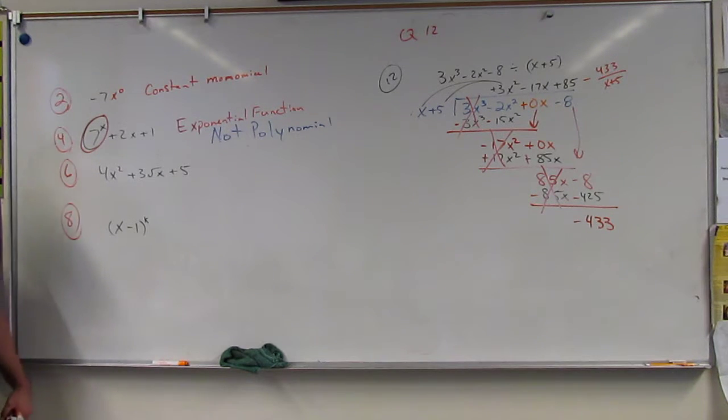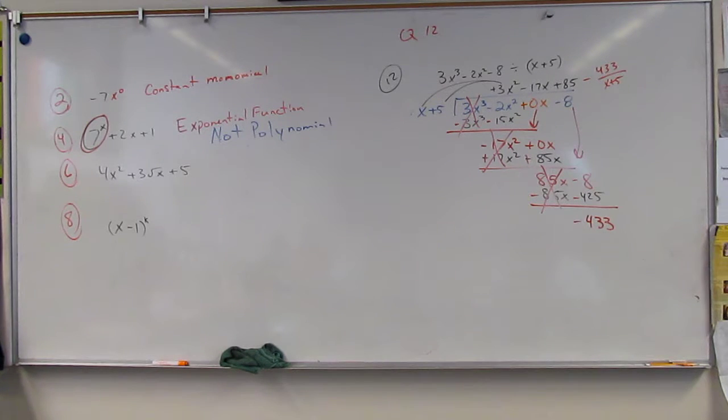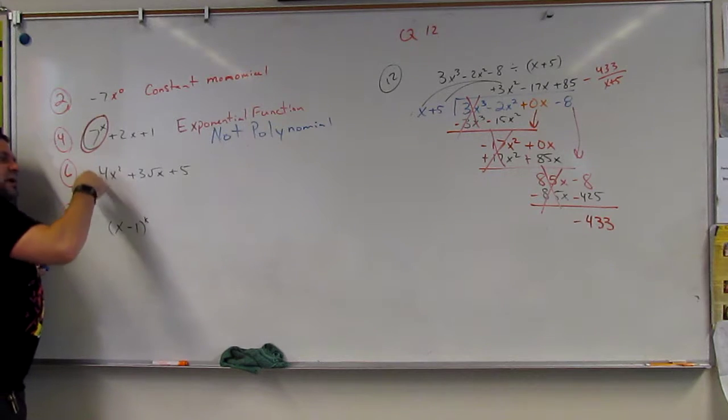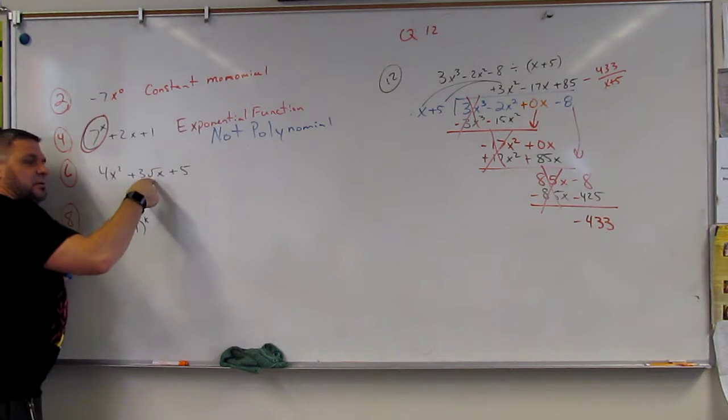Okay? Then we look at 6. And we go, well, what's going on with 6? It looks like a quadratic trinomial, doesn't it? But it's not. Why not? Well, it's showing it's a quadratic, but what happened here?